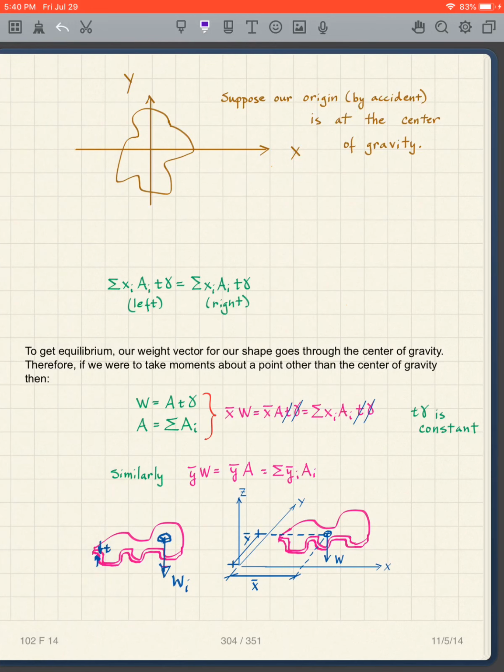So what we have then is that we've determined that, for instance, our x bar times W is equal to what? The x bar times the volume, which is A T times gamma for the entire thing.